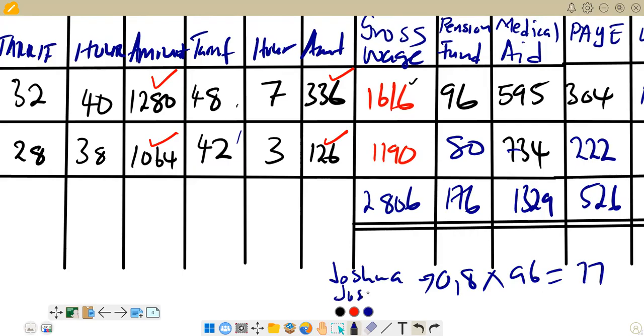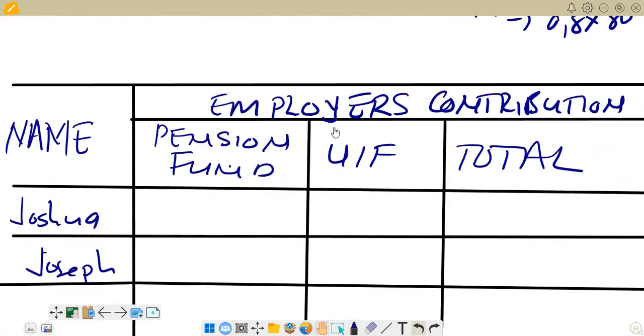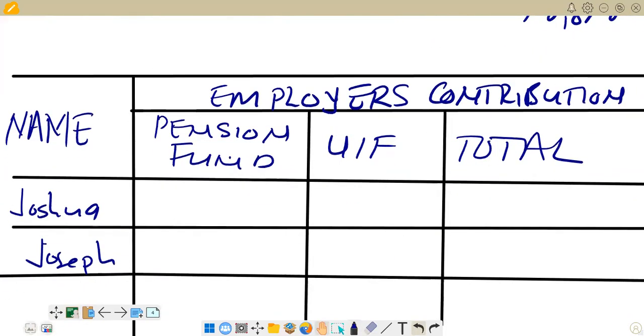Then for Joseph, we are also saying 0.8 times the figure that we have for Joseph, 80. Then we get 64. So we can just enter those figures there: 77 and 64.